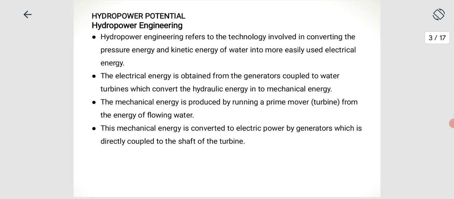The mechanical energy is produced by running the prime movers, the turbines, from the energy of the flowing water, so that the turbines rotate with the pressure of the flowing water and mechanical energy is generated. The mechanical energy will be converted to electrical power by the generator, which is directly coupled to the shaft of the turbine.